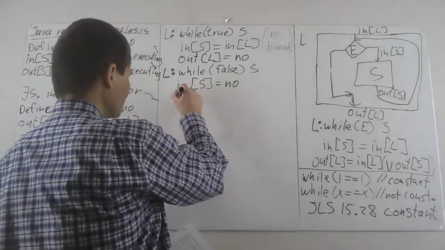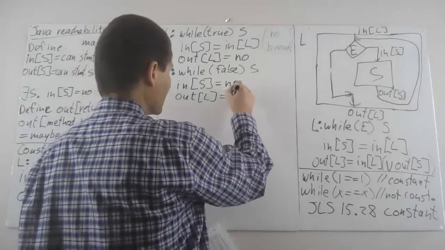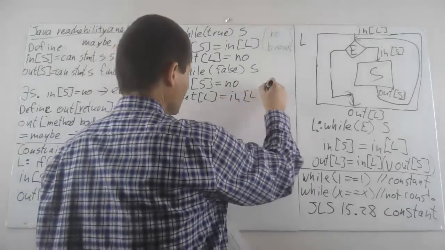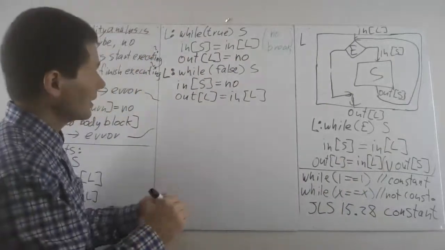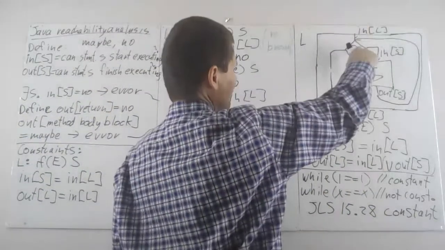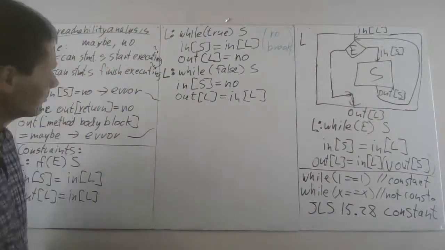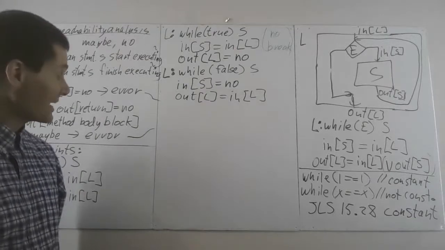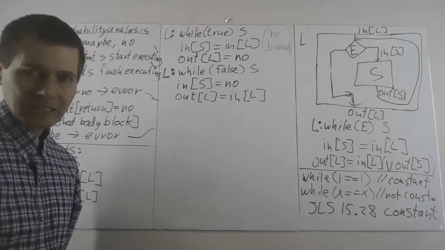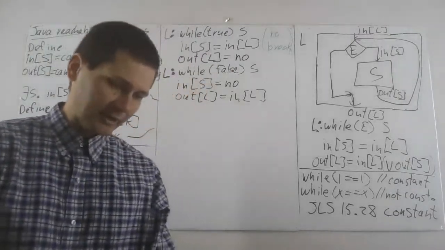And then out of L is going to be in of L, I guess like here, but also if I go in the loop, it's false, I go out of the loop. Okay, so the false case is not really that interesting, but just an extra detail to include in the implementation.